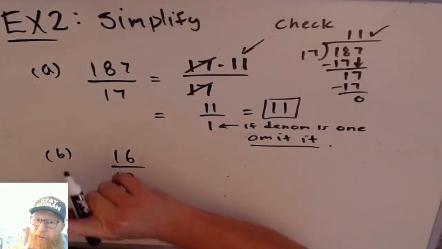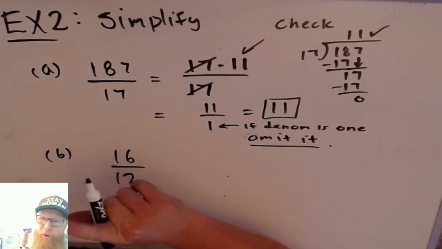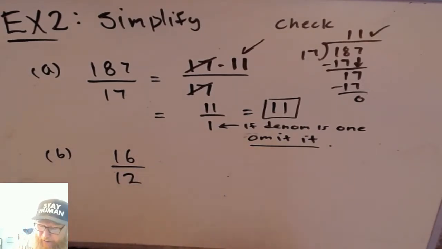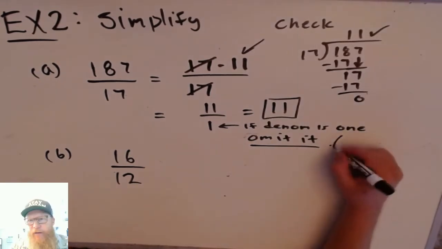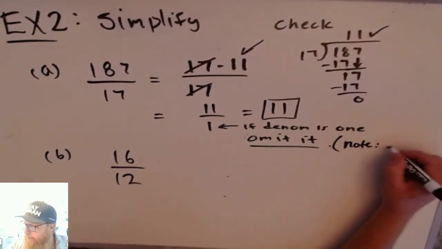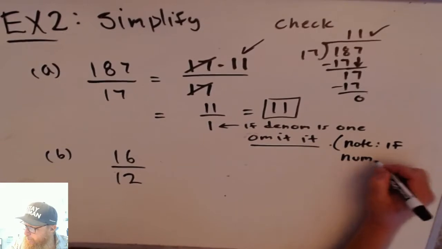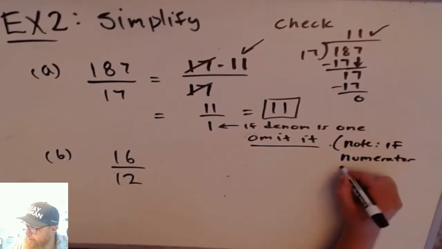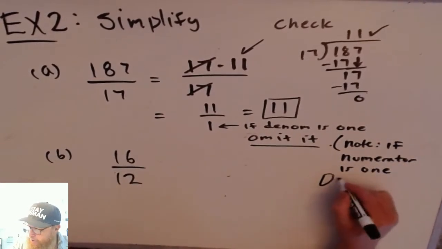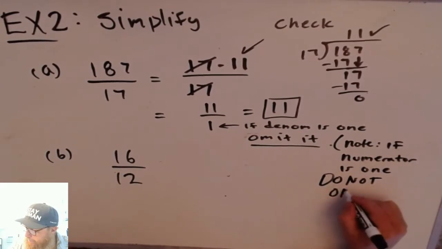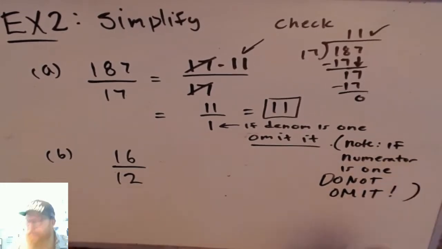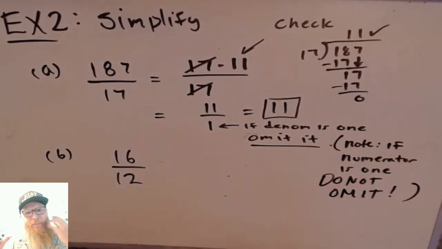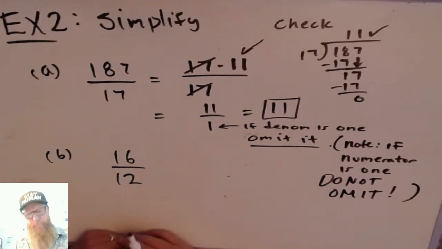If the numerator is 1, do not omit it. So you might want to make a note of that. I think I already did, but I'll do it again. Note, if the numerator is 1, do not omit. You are required to put it if the numerator is 1.